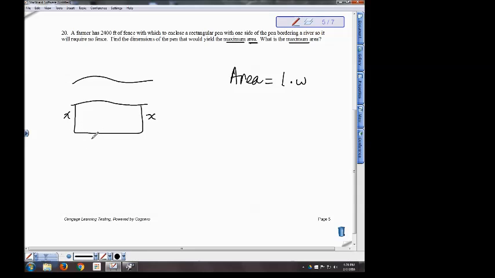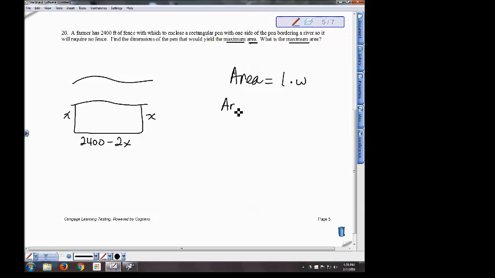Now, we use the fact that there's 2,400 feet of fence remaining, or available to use. If we've already used 2x for the sides, that means for this bottom piece, there's 2,400 minus 2x feet of fence remaining. So what we can do is describe the area.